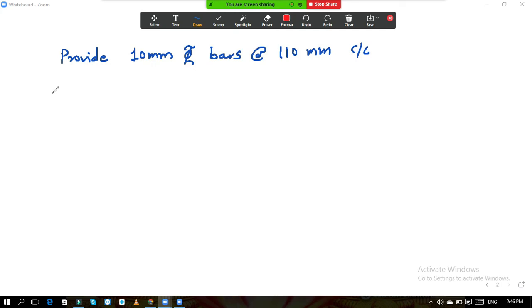So now steel reinforcement for flight BC.